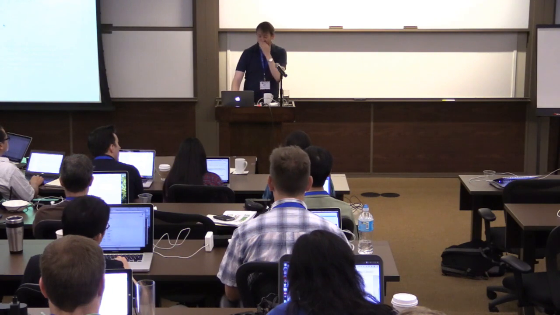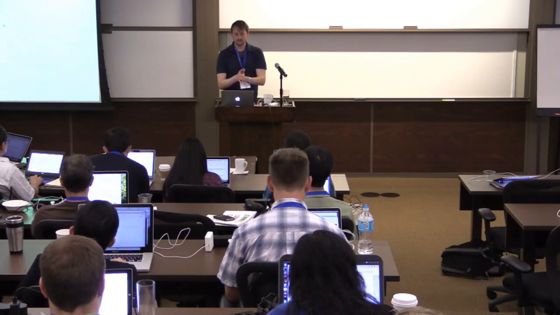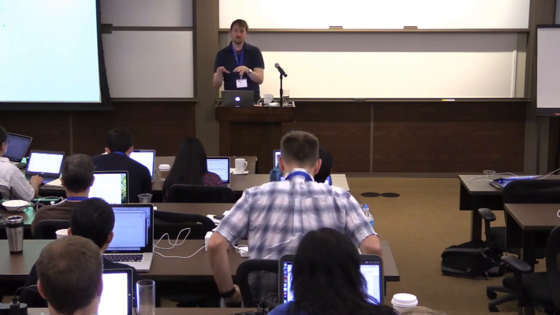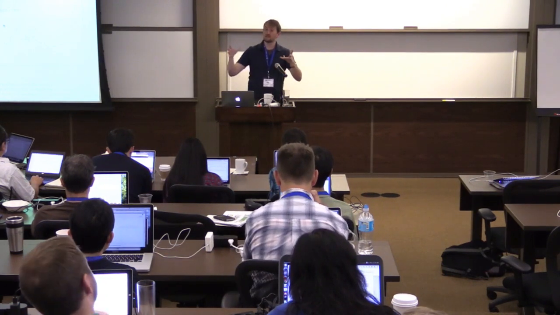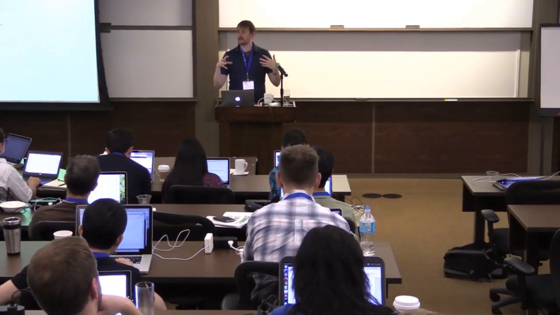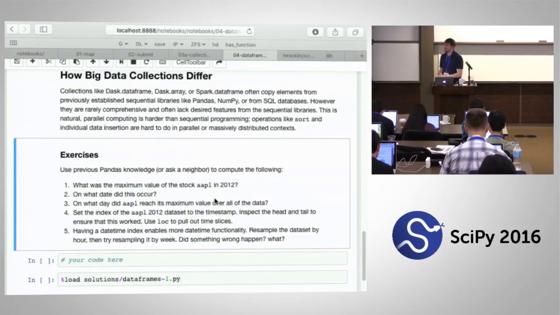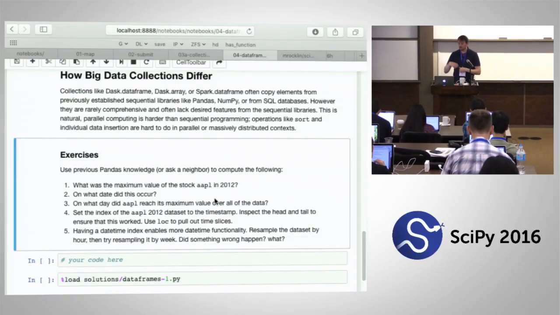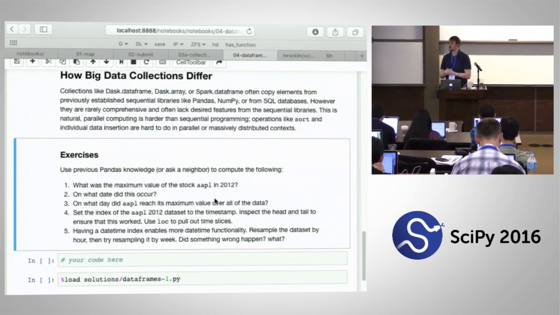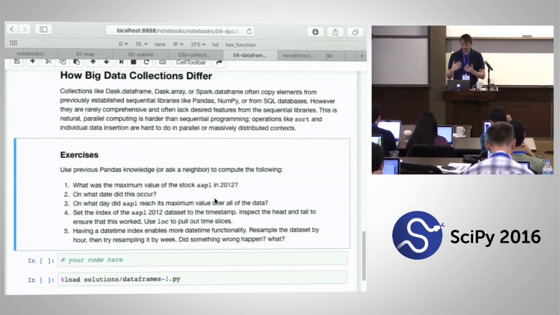Okay. So now that we've got our Dask data frame, if you're familiar with pandas, then you know you've got all these methods for interrogating your data, for playing with it, for querying it, slicing it, finding, grouping things. There are various questions you can ask of a table. What was the maximum value of a particular stock? When did that happen?